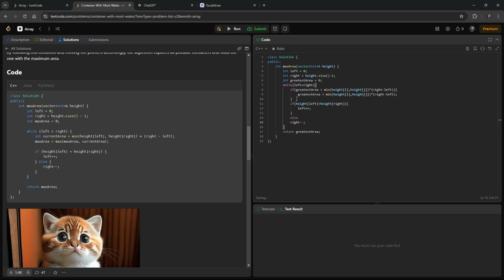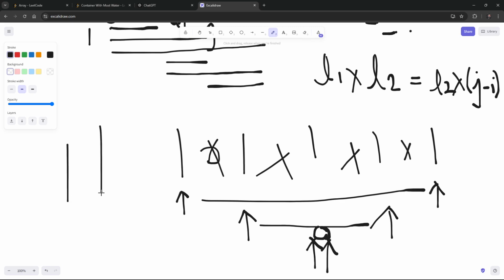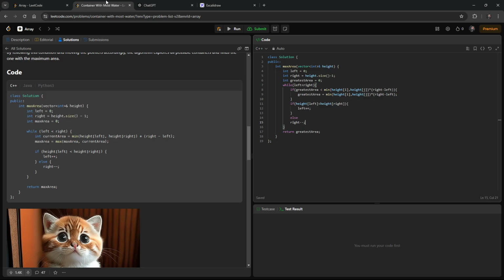So if our height towards the left is less than our height towards the right, then we increase left by one, which means that, suppose these two are height one and height two. As height one is less than height two, also make this height three. As height one is less than height three, so we go from height one to height two in order to find the maximum possible area.